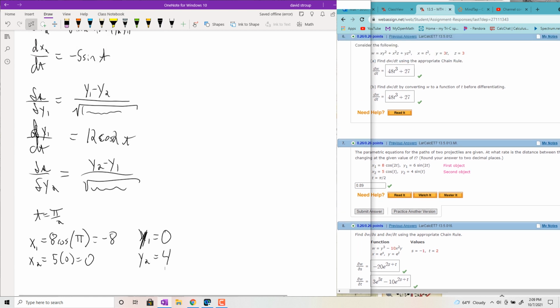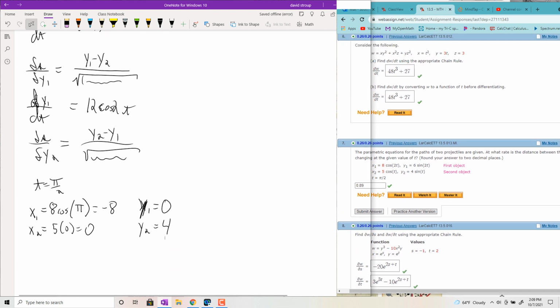So plugging that in, the main object I kind of need is the square root of x2 minus x1 squared plus y2 minus y1 squared. Plugging in x1, what do you get?